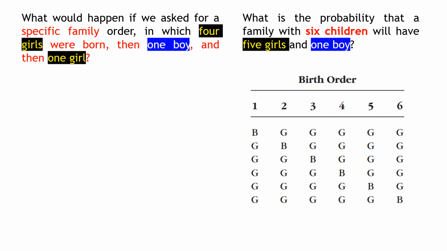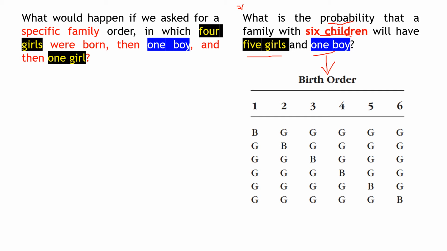Now I want you to solve this. Read this if you want, and you can stop the video. And one clue, look at what happened here. Okay, take 10 seconds and try to think how to solve this exercise. If you see here, they're asking you again for a probability, and again 6 children, so it looks very similar. And here you have again 5 girls and 1 boy, but they are not giving you a specific order.